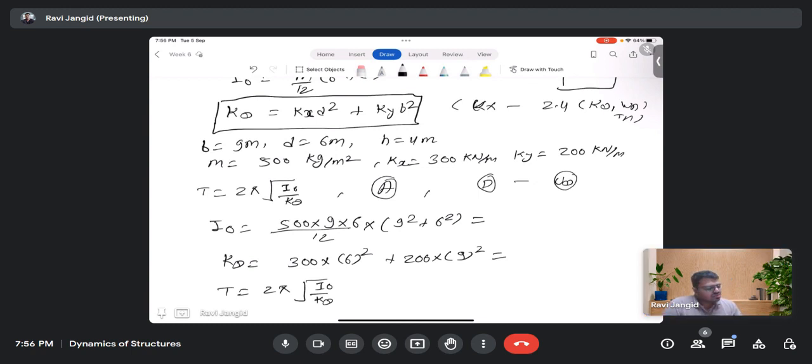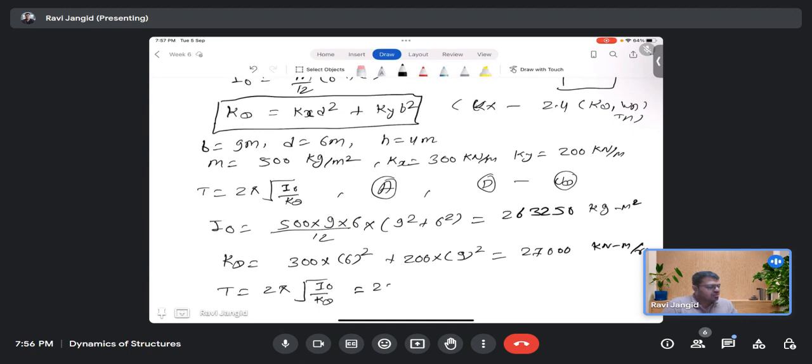So I naught is coming out to be 263250 kilogram meter square. And k theta, if you calculate, comes out to be 27,000 approximately, kilonewton meter per radian.